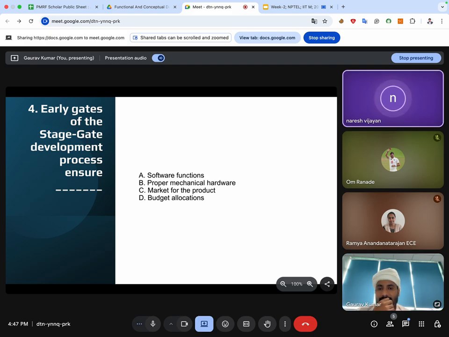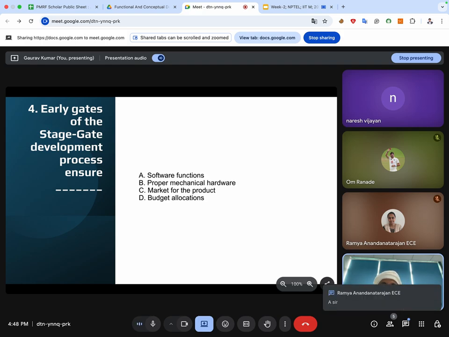Basically, I'm telling C and D, because in gate 3 is budget allocation, and finally it comes to market. Let me clear to you. This is not an MSQ question, this is an MCQ. So only one option is correct, either C or D. So basically, just try. I'm giving you some time. Okay, no, you are wrong.